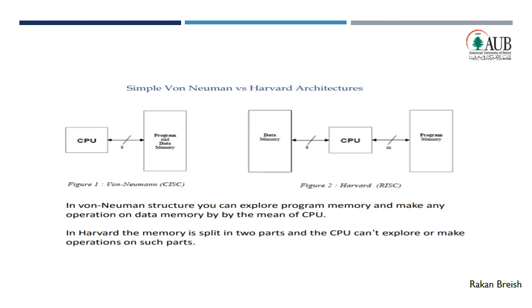In the CISC architecture, you can explore program memory and make any operation on data memory by means of the CPU because it's directly connected to it, while you can't do that in the RISC architecture, and that's why you use the store and load word instructions. And that's why the CISC architecture supports load and store memory using single instructions, because the CPU can access program and data memory to easily execute those instructions.